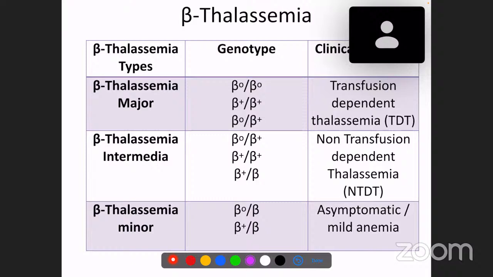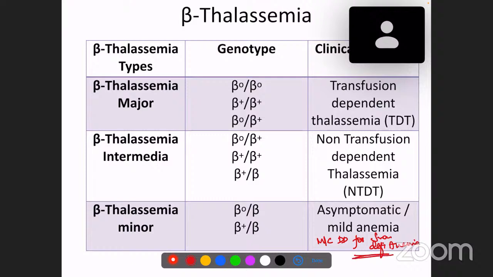The other clinical term for beta thalassemia major is transfusion dependent thalassemia. Beta thalassemia intermedia is non-transfusion dependent thalassemia, whereas beta thalassemia minor is asymptomatic and will present in adulthood. The take-home message for beta thalassemia minor is that this is the most common differential diagnosis for iron deficiency anemia. So the significance is we need to differentiate it from iron deficiency anemia.